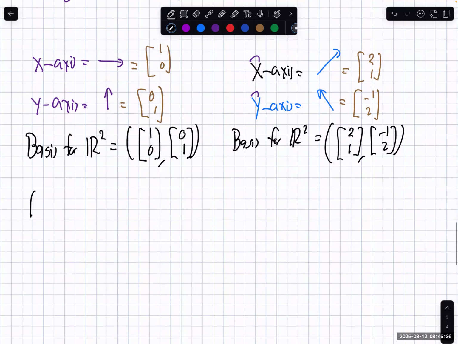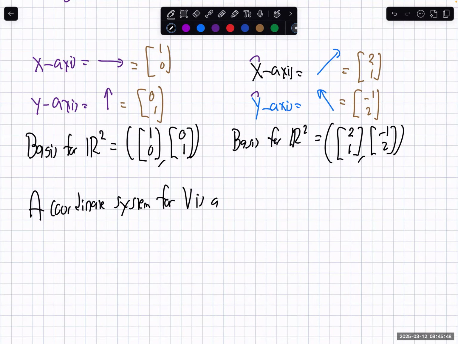I'll go V for now. So when I'm talking about a coordinate system for a space, I can describe that coordinate system by a basis, just a collection of vectors.